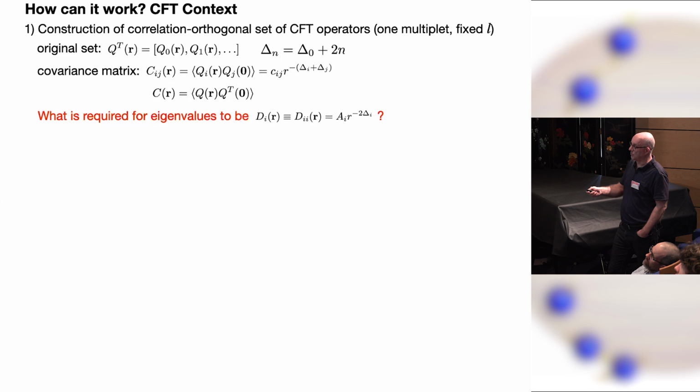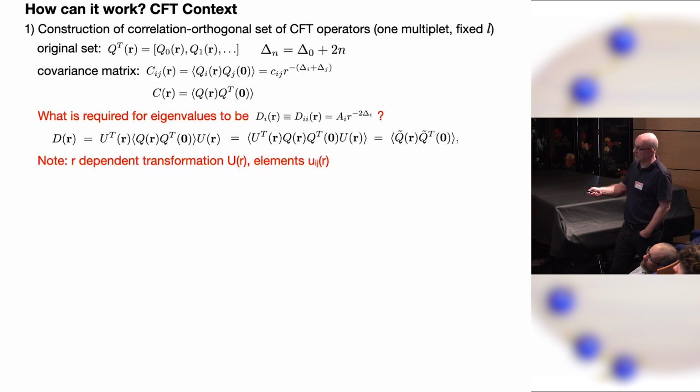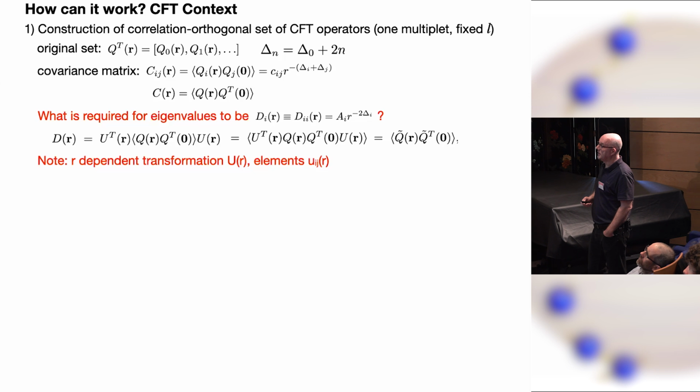So now I'm asking what is required for, if I diagonalize this matrix, to get this disentangling of the scaling dimensions that from the numerics seem pretty clear that we get. Okay, so then I do some unitary, or I guess just orthogonal in this case, transformation of these operators, so that I call the transformed operators Q tilde.